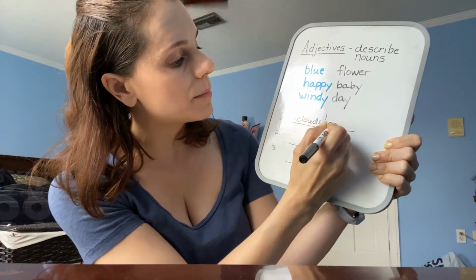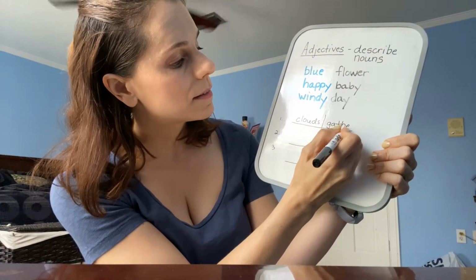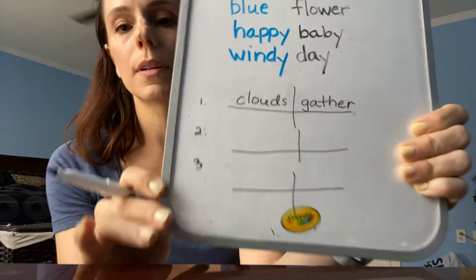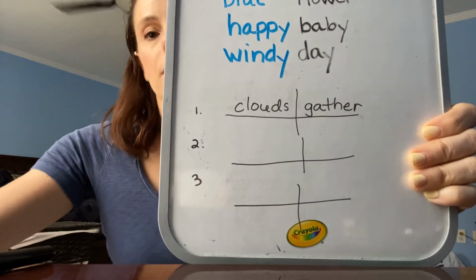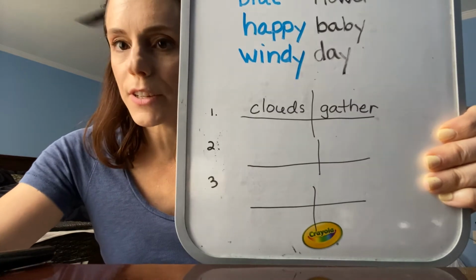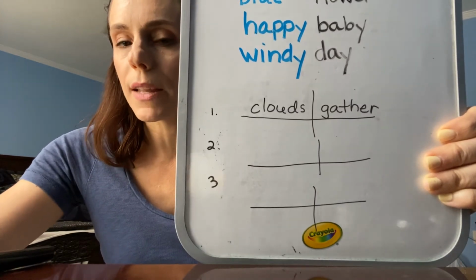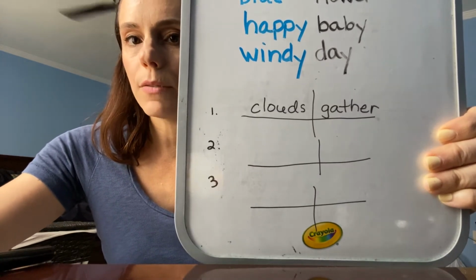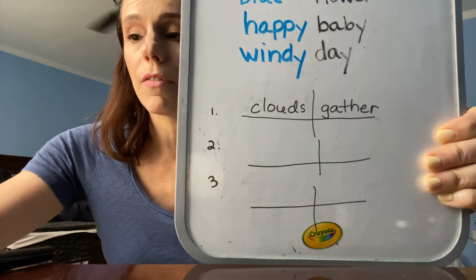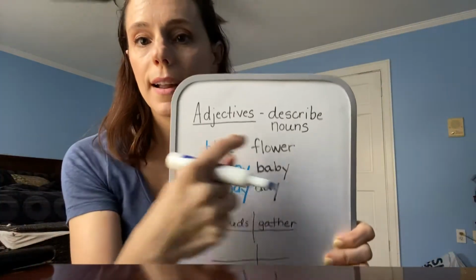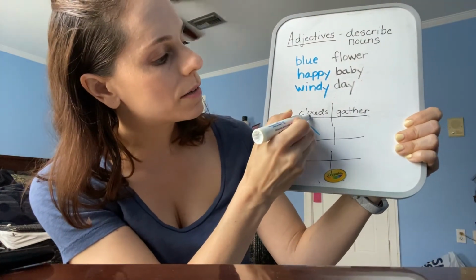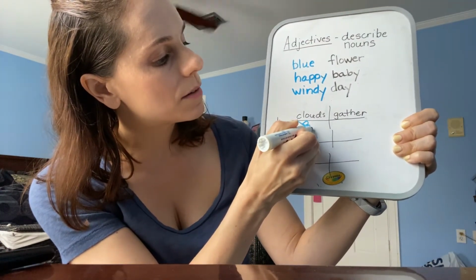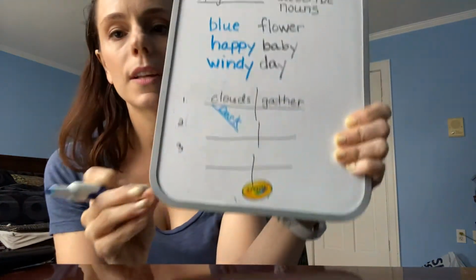So we have our subject and we have our verb. And then next to the number 1, they put the word dark. Dark is the adjective. What is dark describing? Is dark describing the clouds, or is it describing the verb? Well, we know that adjectives describe nouns, so dark has got to go under the noun.